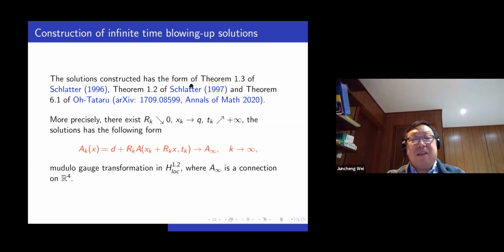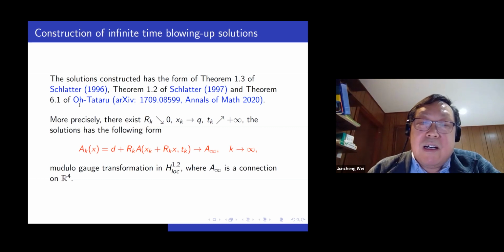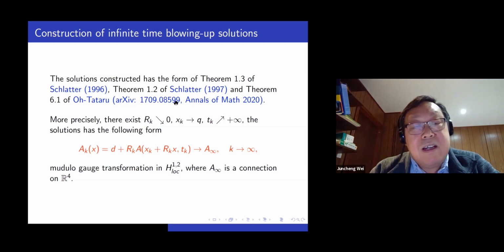The solution we constructed has the same form as in Shinata's 1997, and recently there's also a construction of infinite time blow-up for the hyperbolic Yang-Mills by Oh and Tataru, which appeared in Annals, and they use the same ADHM instanton, and you have the same behavior for the connection.